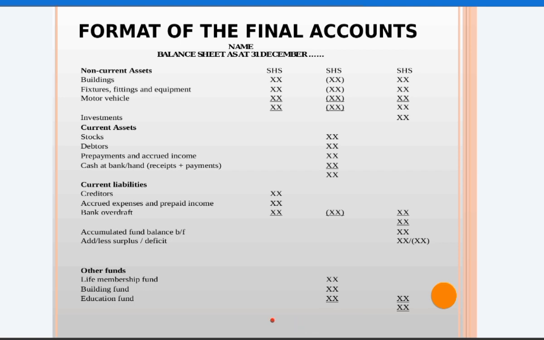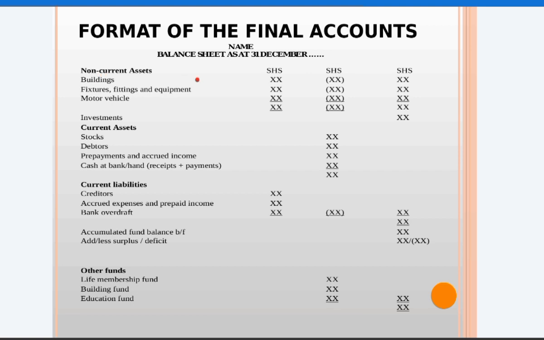So let us then look at the other financial statement, and that is the balance sheet. For the profit-making organizations, we know how the balance sheet looks, which is not very much different from the balance sheet of non-profit making organizations, except a few items, and the items that are different will be on the funds, on other funds, and the accumulated fund.